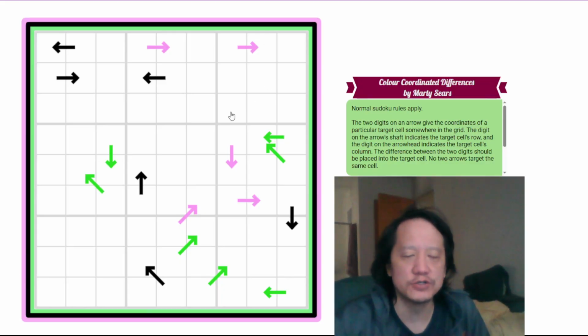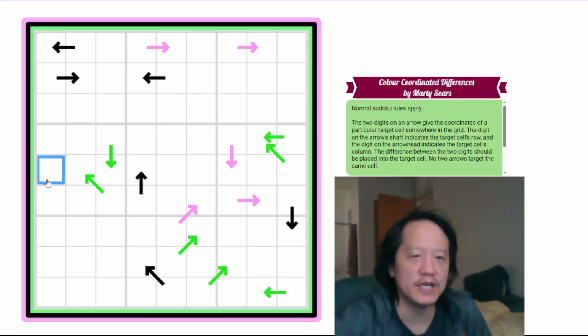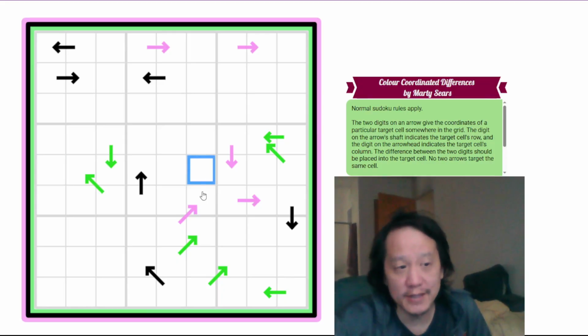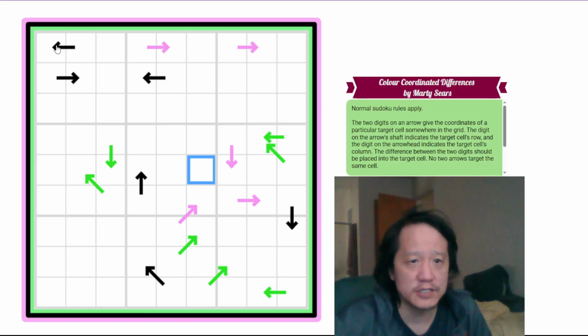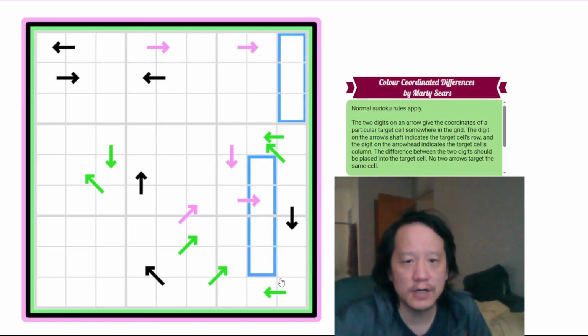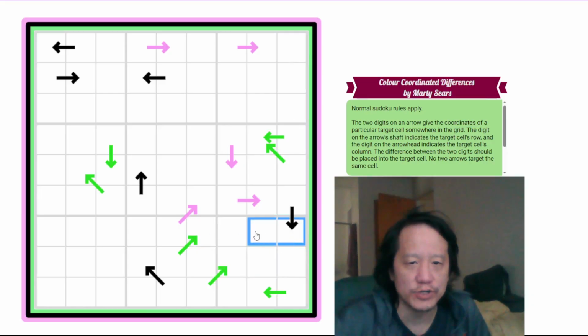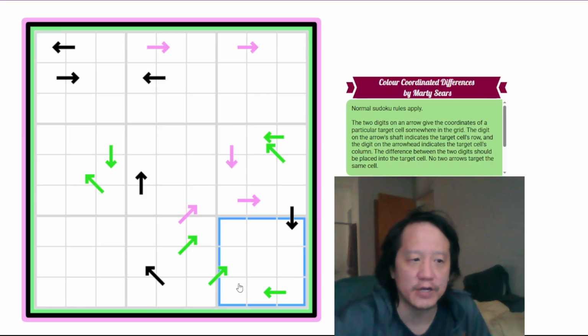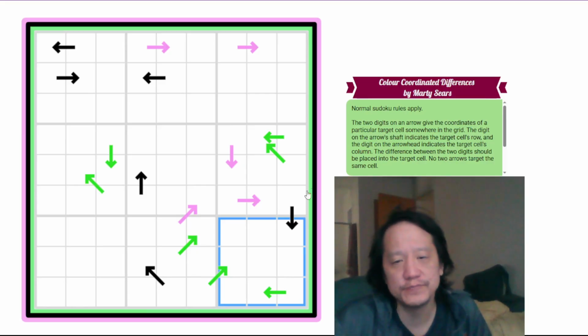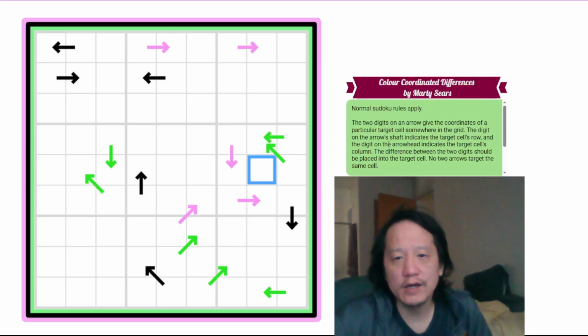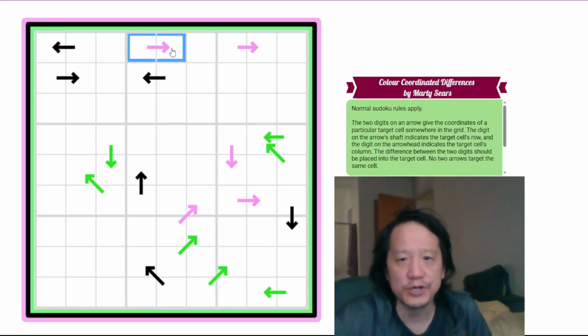Normal Sudoku rules apply, which means in every cell in the grid, place a single digit such that every row, column, and designated 9-cell region contains the digits 1 through 9 exactly once each. The 2 digits on an arrow give the coordinates of a particular target cell somewhere in the grid.